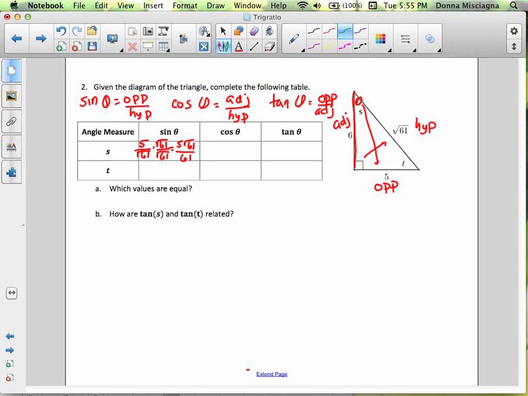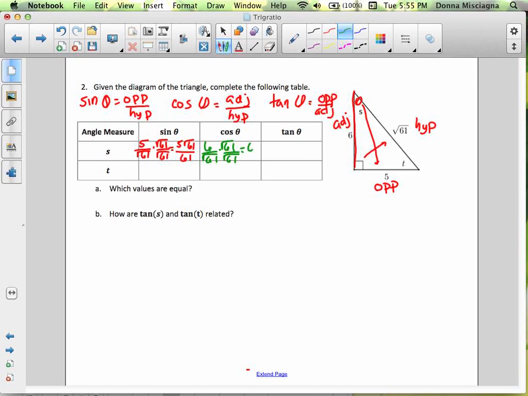All right, so cosine S. The adjacent side is 6, and cosine is adjacent over hypotenuse. The hypotenuse, of course, is opposite the right angle, so square root of 61. We'll have to rationalize this one as well by multiplying by the square root of 61 over the square root of 61.